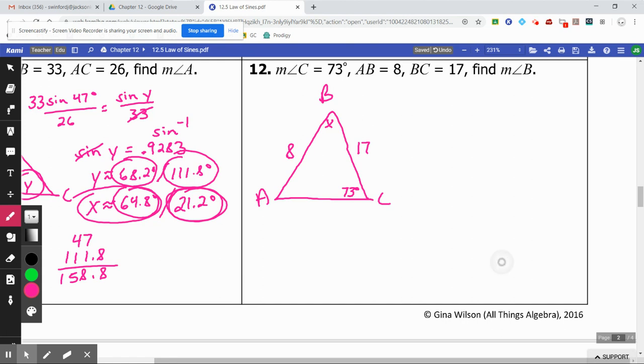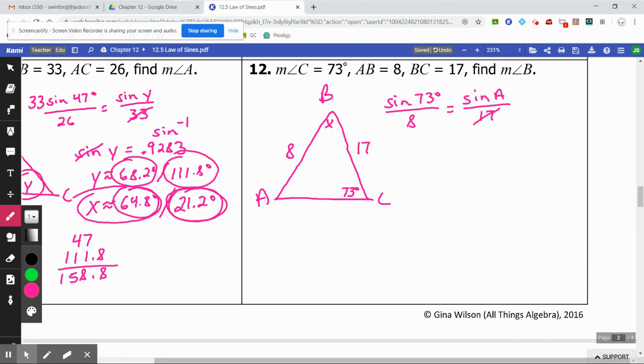I have the sine of 73 degrees over 8 equals... I don't have this side length here, so I can't actually find that angle yet that I'm looking for, so I'm going to call this anything. You can actually just leave it Y or A if you want to, and just do the sine of A over 17. That'd be perfectly fine.